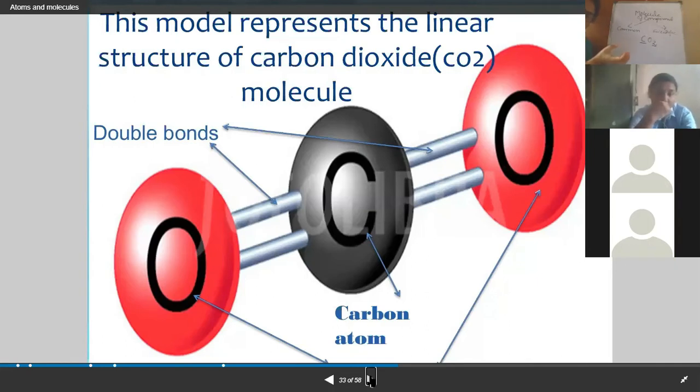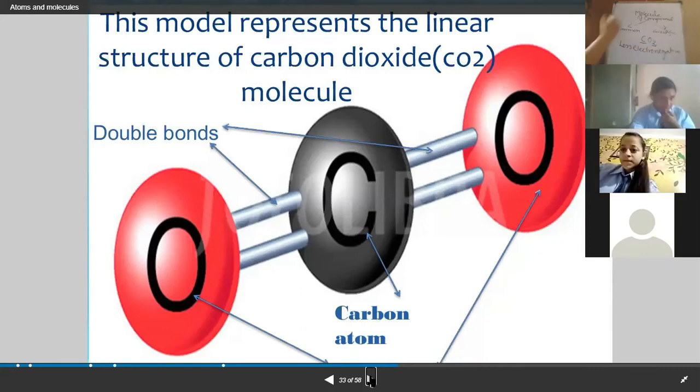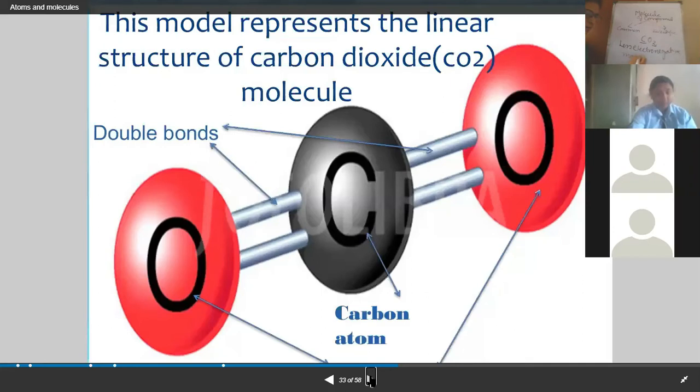The element which attracts the shared pair towards itself is the more electronegative one. So the first name should be of the less electronegative element, then the second should be the one which is more electronegative in nature.